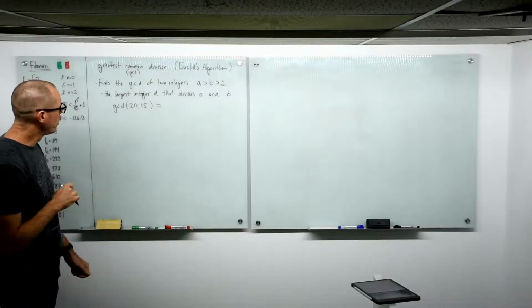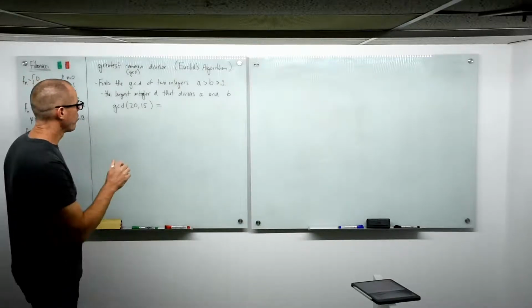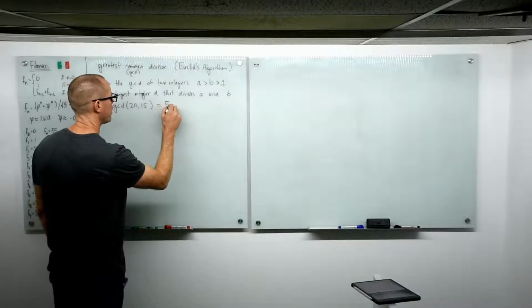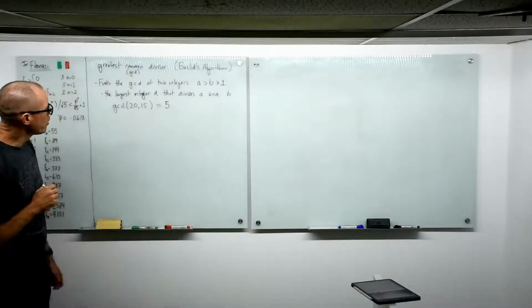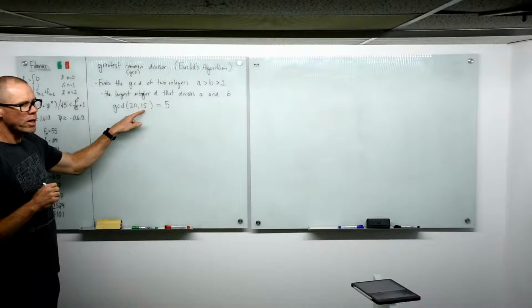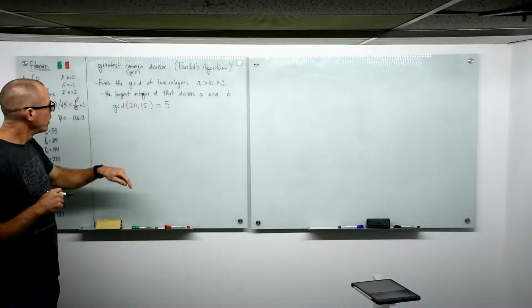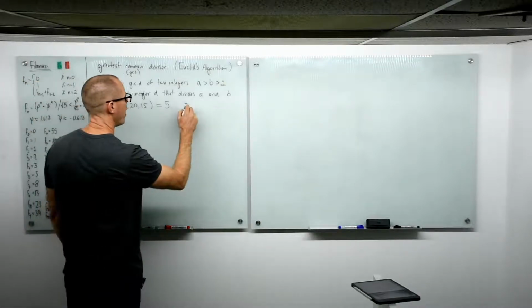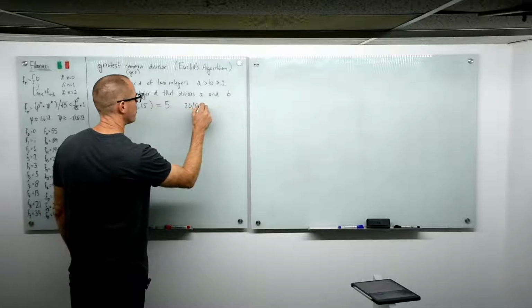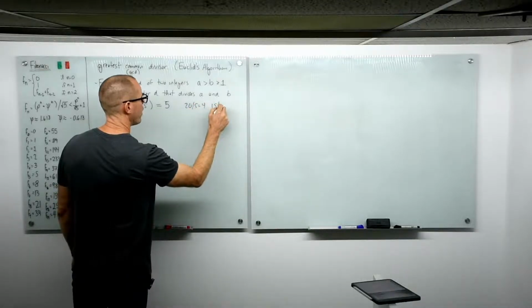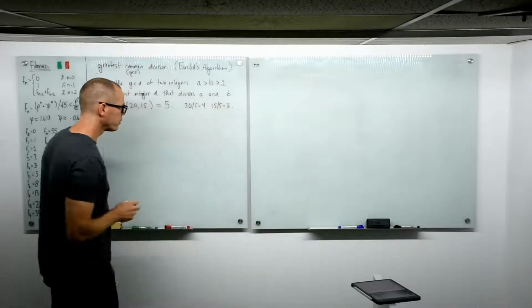That's not an integer. It's actually 5. So the biggest integer that divides 20 and also divides 15 is 5, because 20 divided by 5 is 4, 15 divided by 5 is 3.